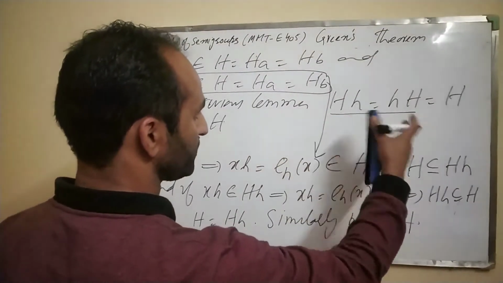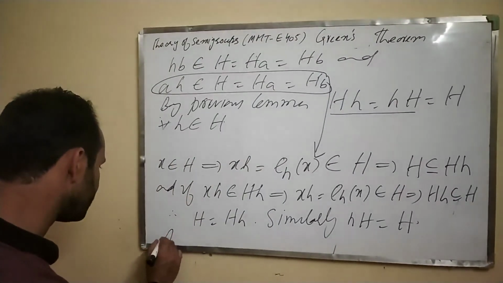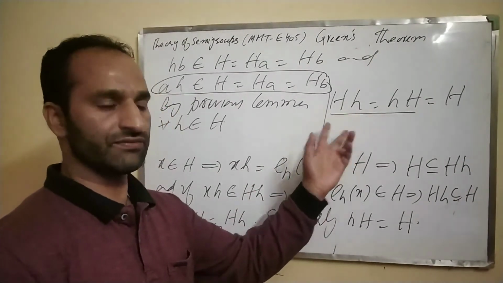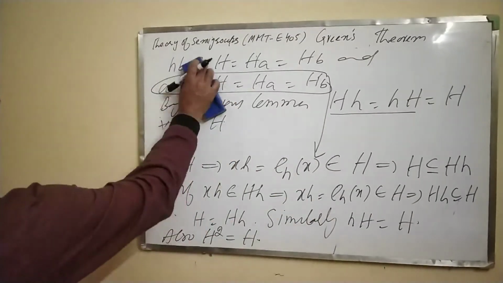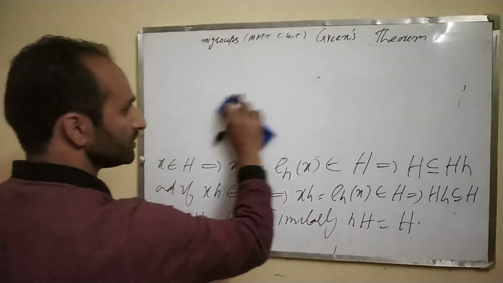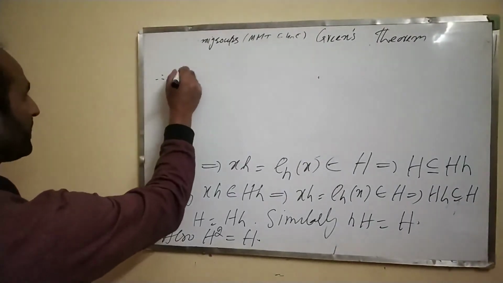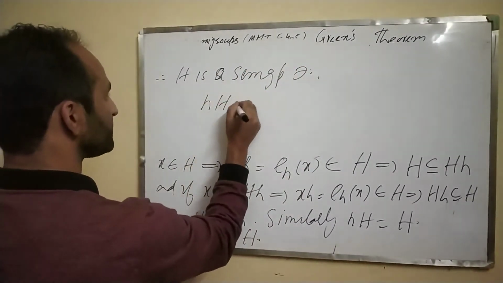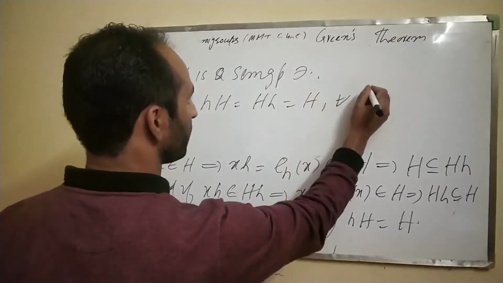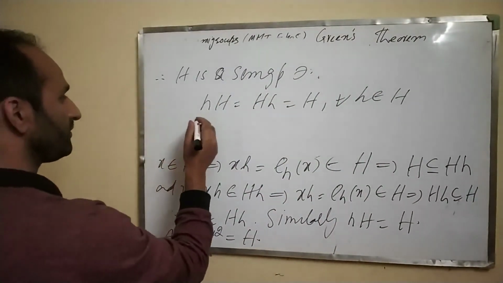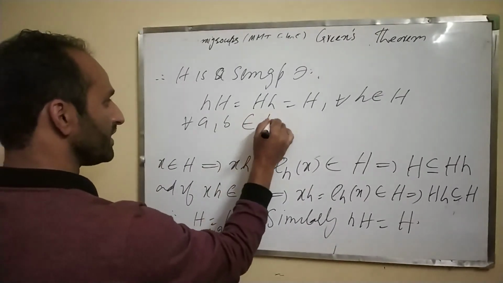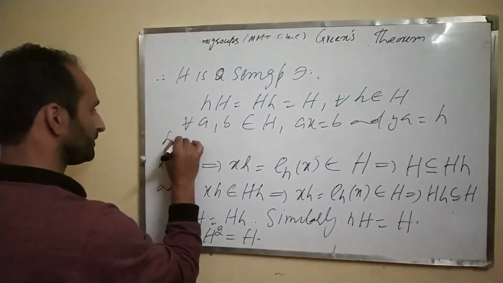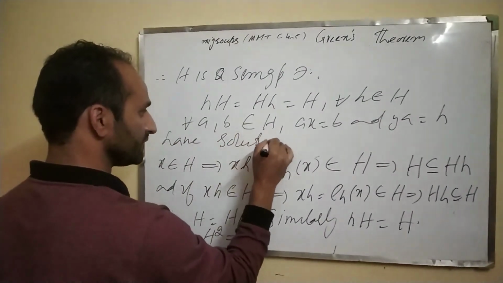That's again simple, because H square is equal to H. Also H square is equal to H, because any element of H is a product of two elements of H. So that means therefore H is a semigroup, such that HH is equal to H for all H belongs to H. So in other words, for all A, B belongs to H, AX equal to B and YA equal to B have a solution in H.